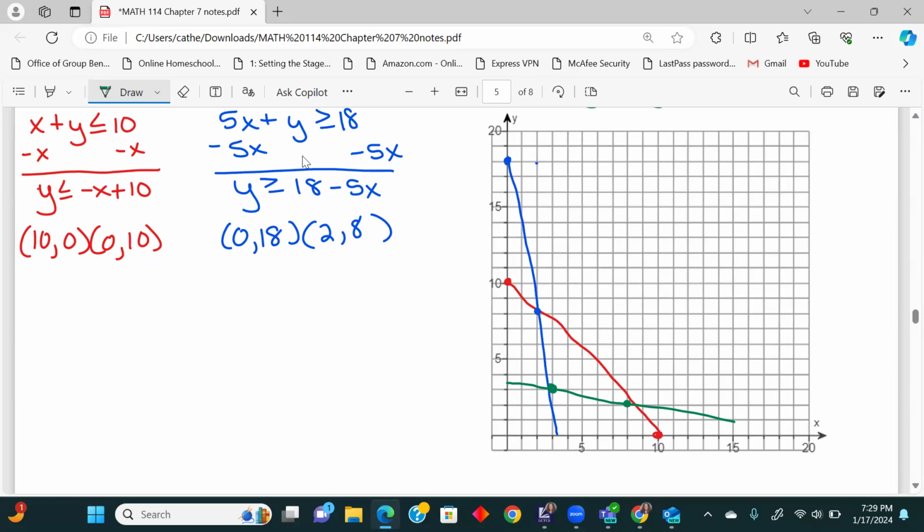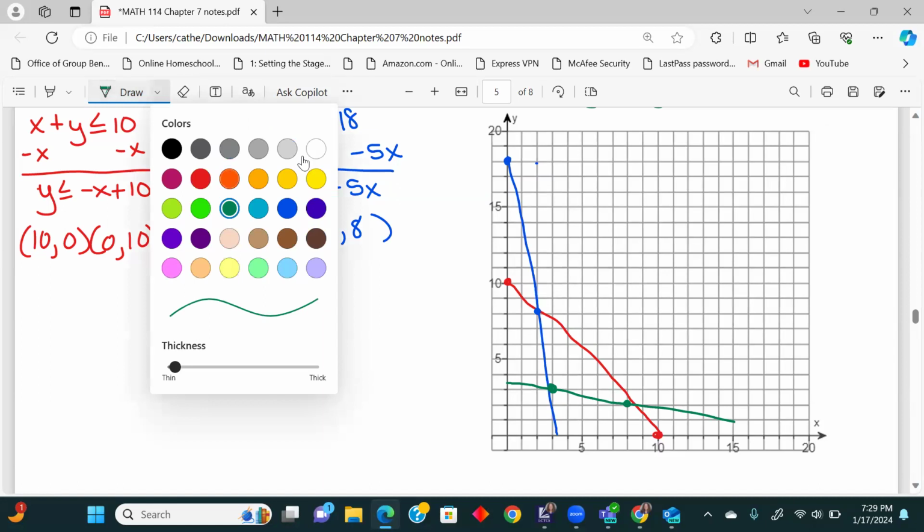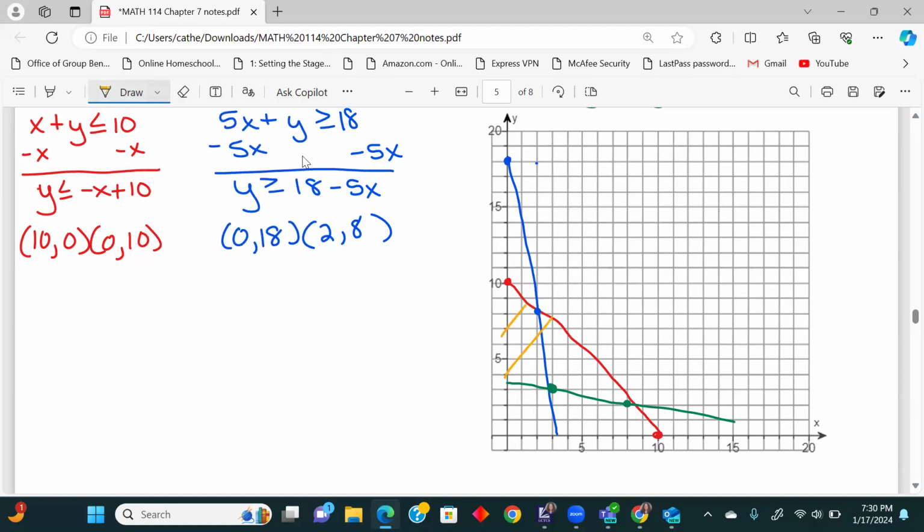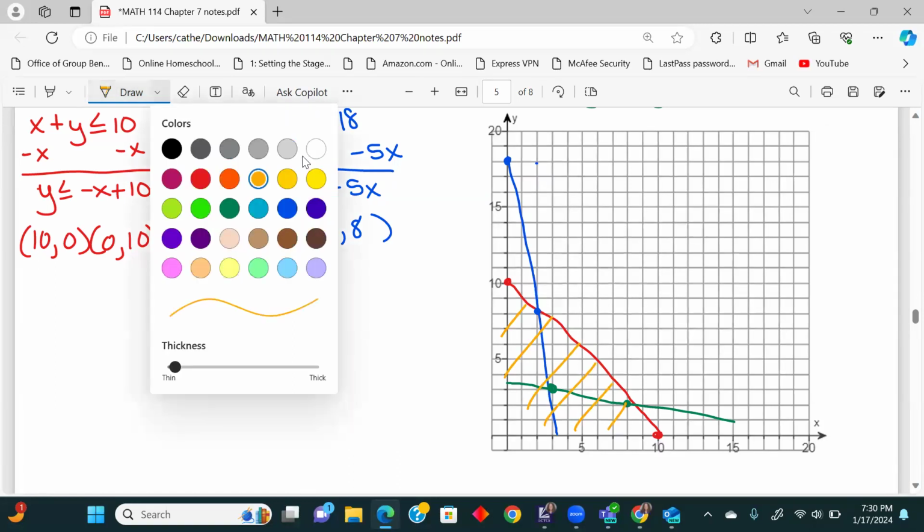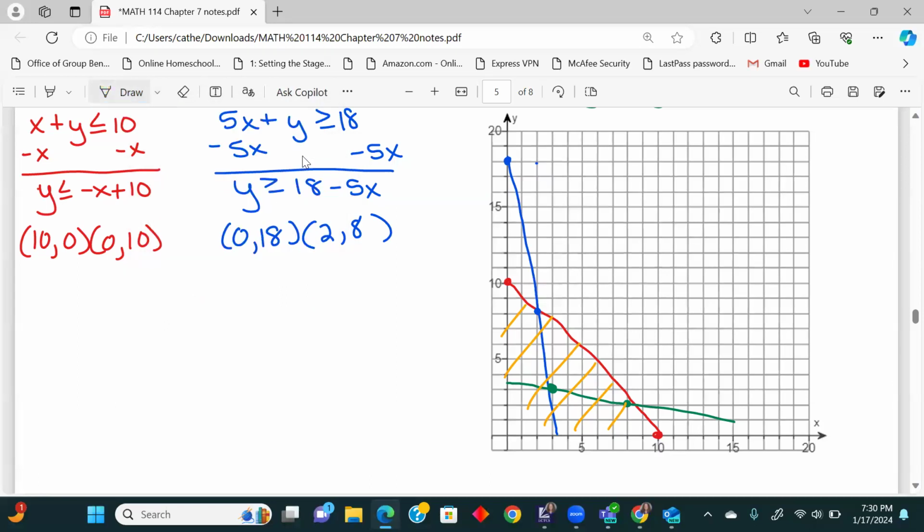When we do the shading, we have y is less than on the red. And let me just get a lighter color. So less than is everything below. And then on the blue, it's y is greater than. So the blue greater than would be to the right.